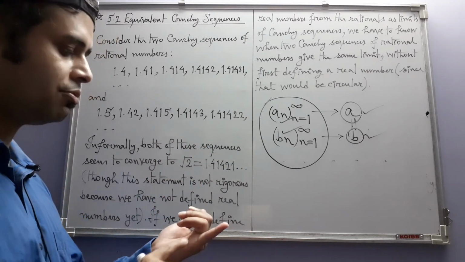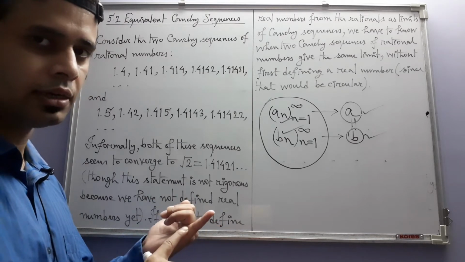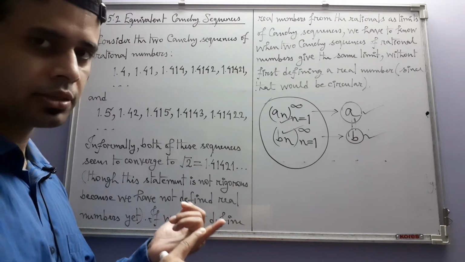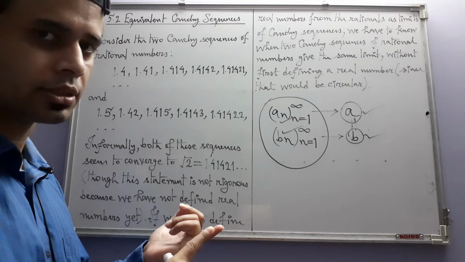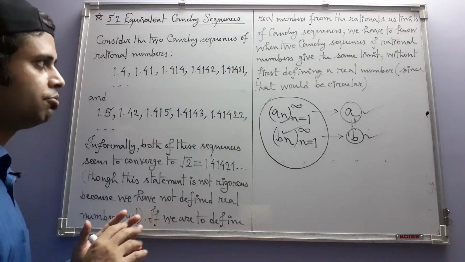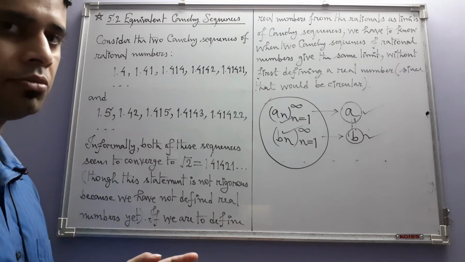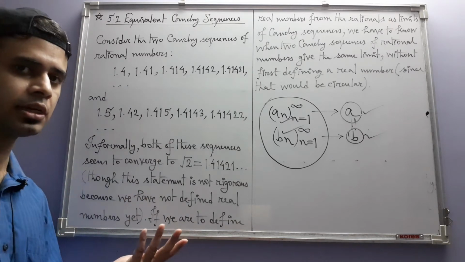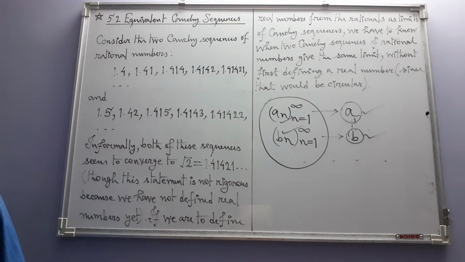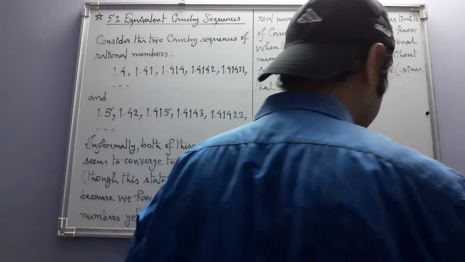That is, first we defined epsilon steadiness, then eventual epsilon steadiness, and finally a Cauchy sequence. Here also we won't define equivalent Cauchy sequences at once. We are going to define in steps. So in that direction, this is the first definition.